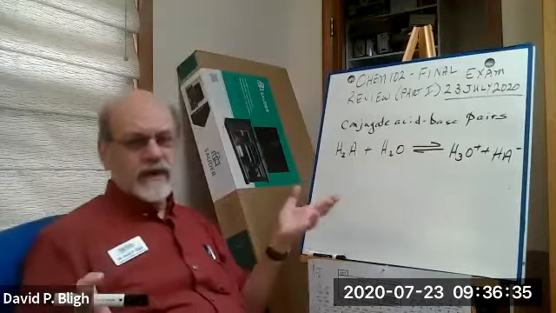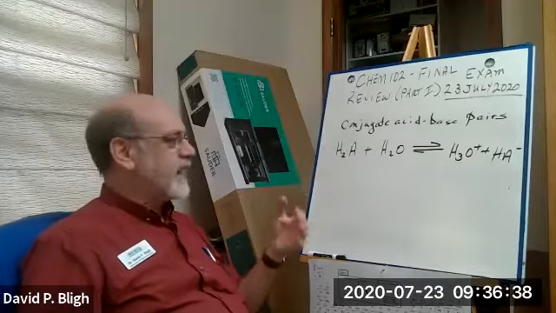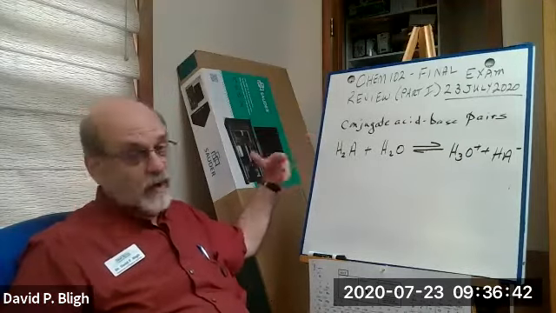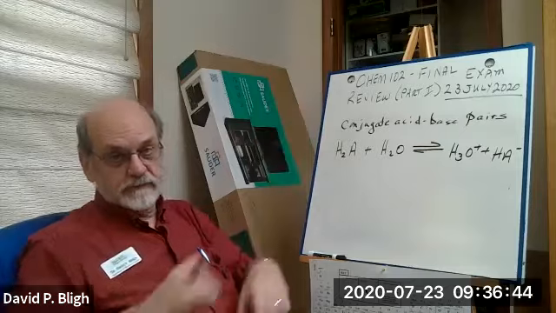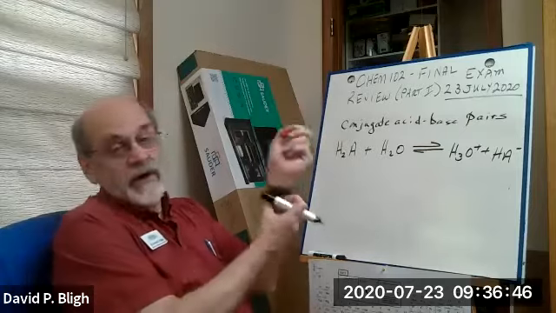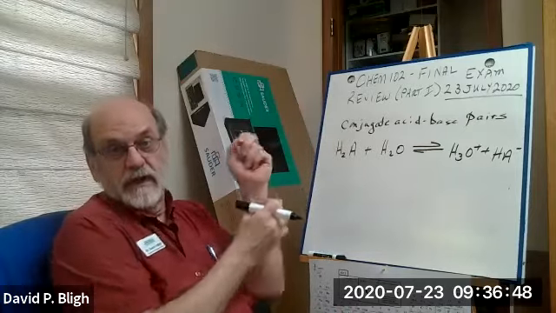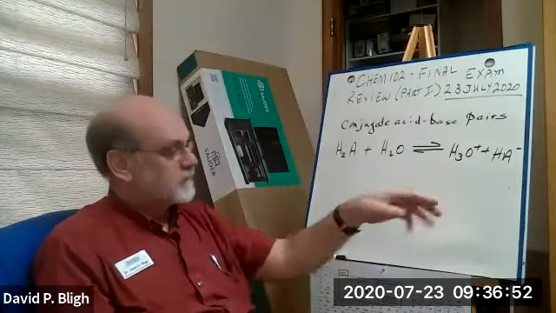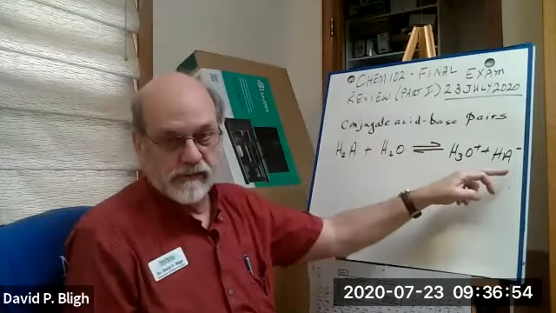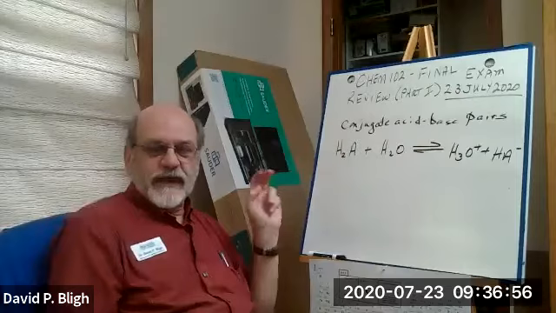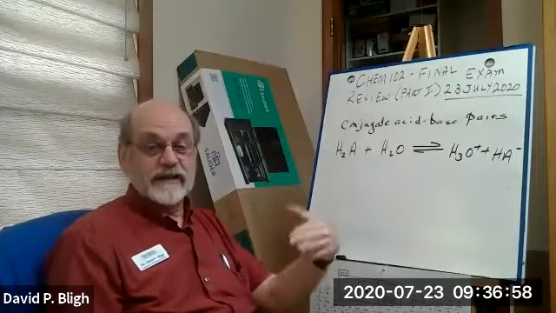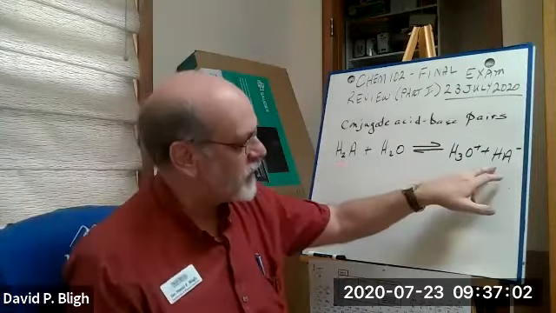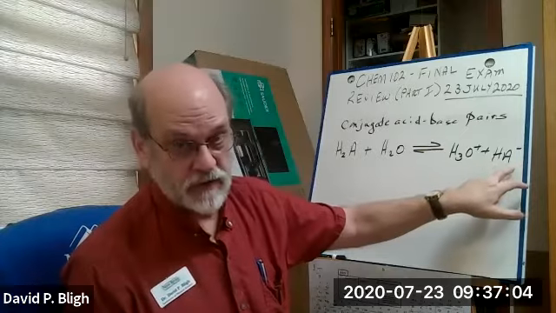Now, why do we even bother with that? Why can't we just say, all right, we know, especially if that's a strong acid, both of those protons are going to be gone? Well, yes and no. The first proton, yes, for a strong acid. The first proton is completely gone. It's all the way over here. But you'll recall that the second proton is less likely to dissociate because you're trying to get a positive charge to leave a negative charge.